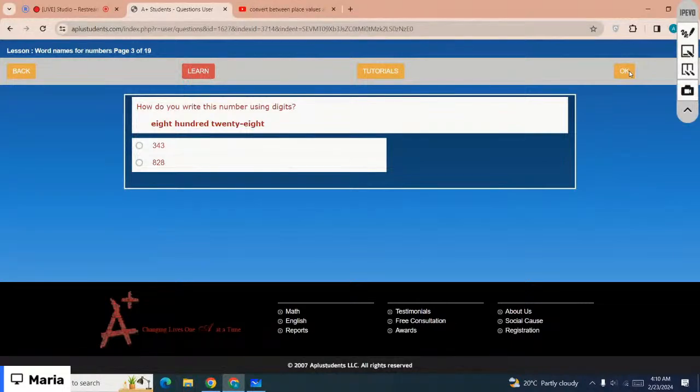Yes, the second one, 828 is the correct option. Very good, everyone. How do you write this number using digits? 990. Yes, that is 990.